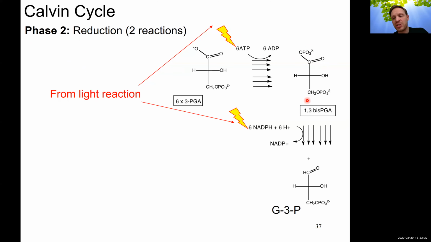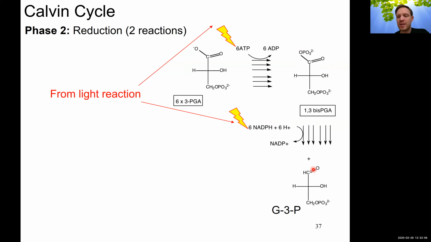That was another GNG and glycolytic intermediate. And then you're using your NADPH here from the light reactions. It's being oxidized. That tells you already what's going to happen here, right? You're reducing, and you're reducing this group here now, right? You have activated it with phosphorylation. Now you're reducing it down to an aldehyde, and that's G3P.